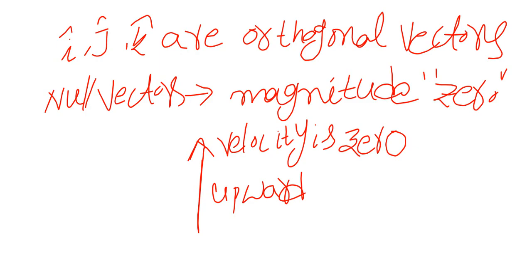I cap, j cap, k cap are orthogonal vectors in x, y and z coordinates. Till now we discussed the vectors. Vectors are the most important lesson. We use these vectors in all chapters.